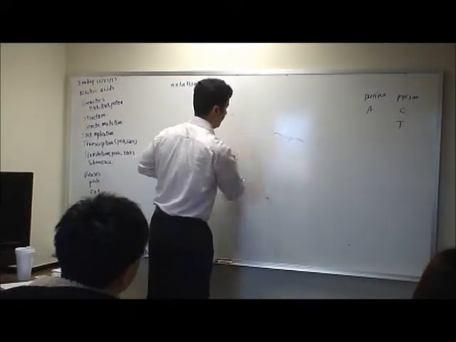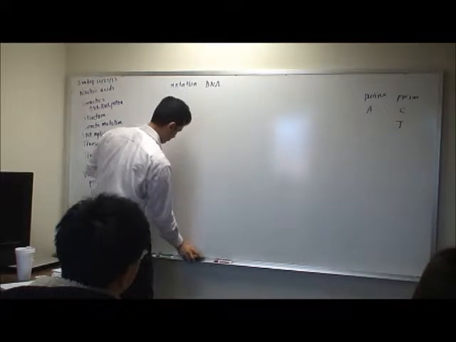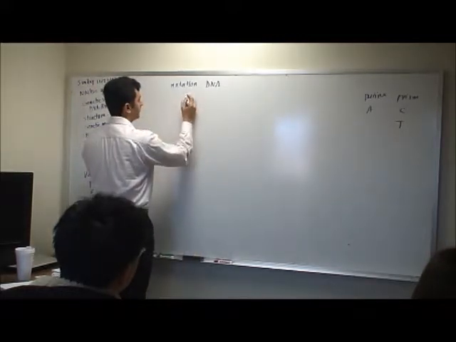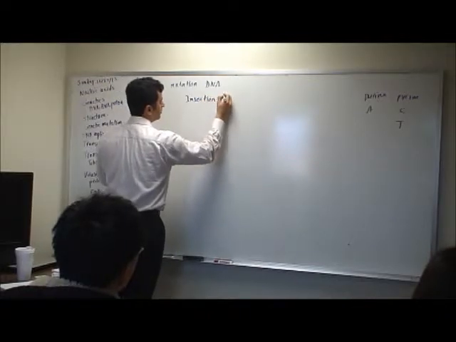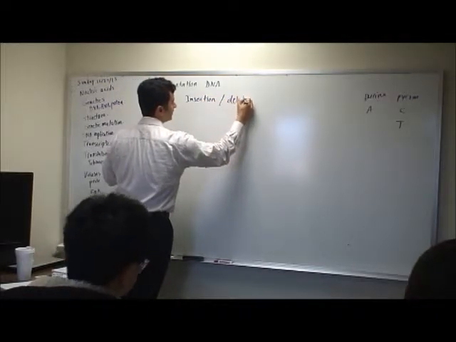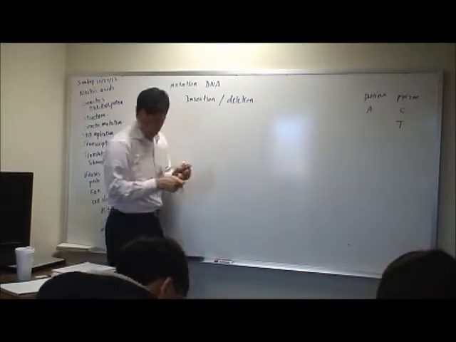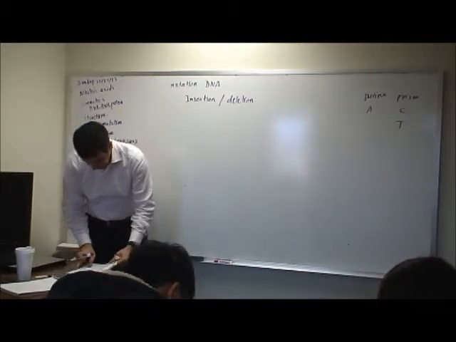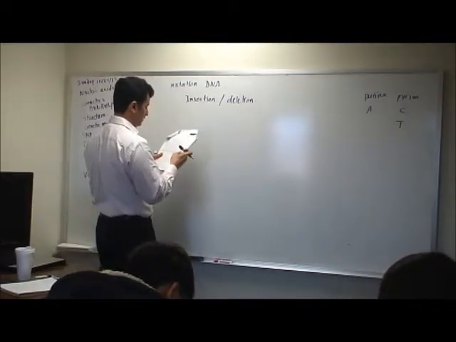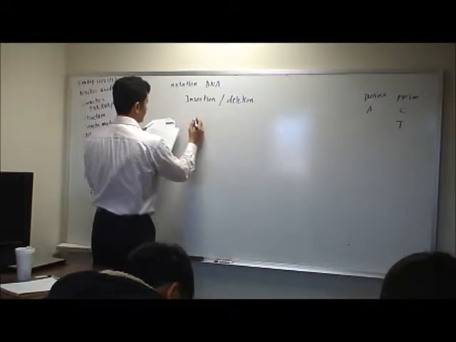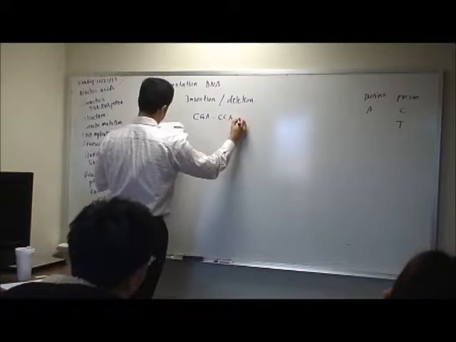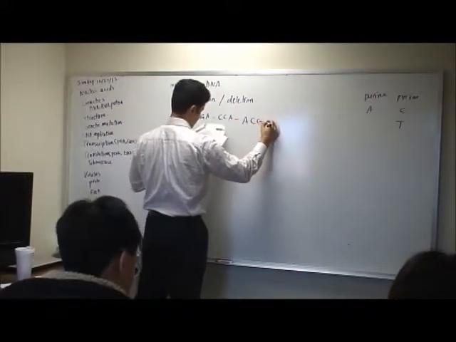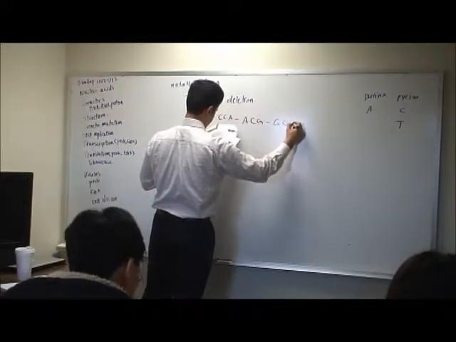This is called insertion or deletion. For this part, for example, let's say I have CGA, CCA, ACG, and GCG.